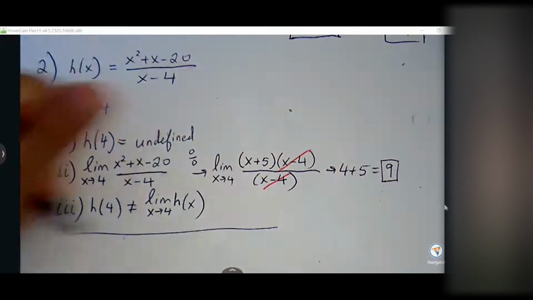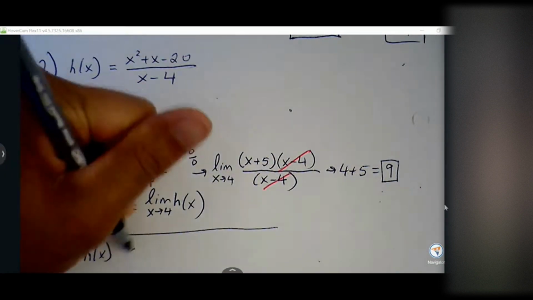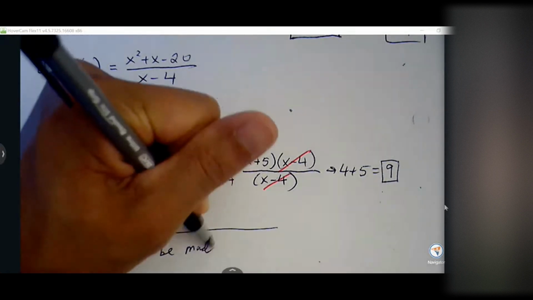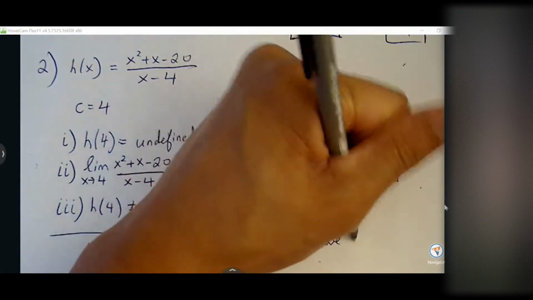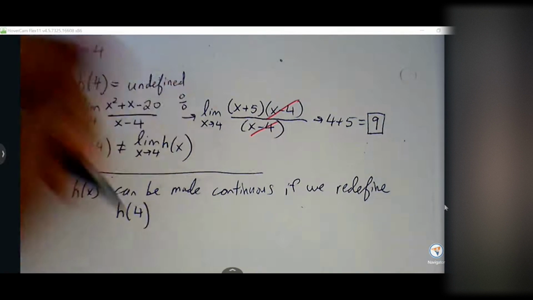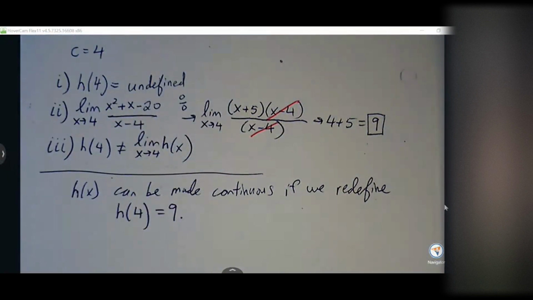So if we make h of 4 equal to 9, then we can make that third condition nicely set up and pass all the conditions. Okay. Any questions?